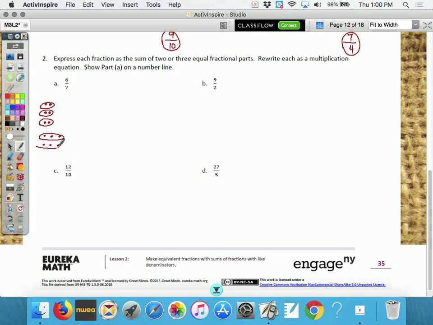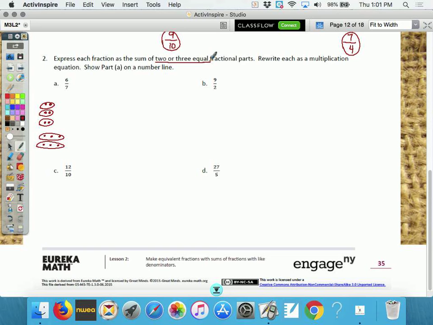Yep. Okay? Now, the directions say express each fraction as the sum, so that means we're going to add, of 2 or 3 equal fractional parts. So we're going to add parts. What parts could I add for 6? 2 plus 2 plus 2, or 3 plus 3.